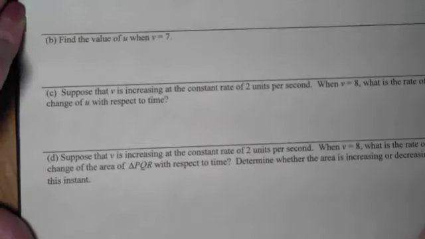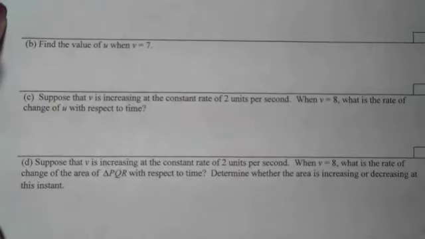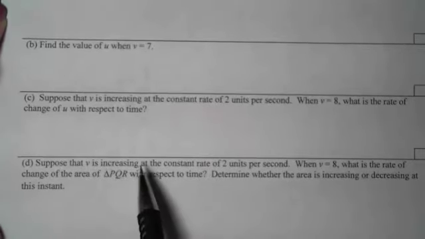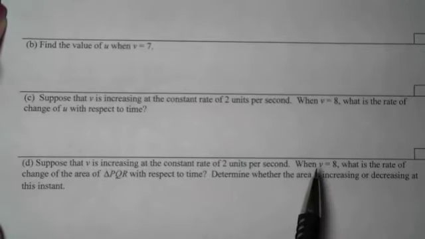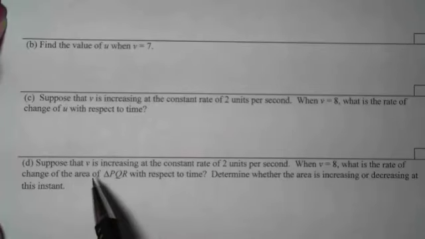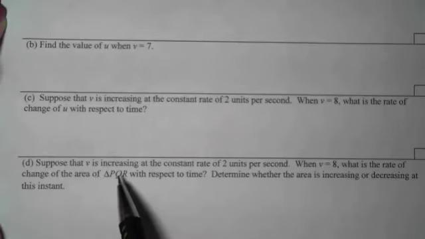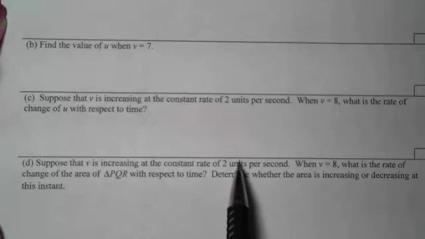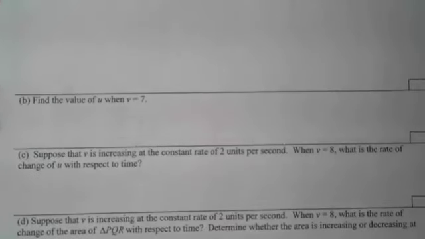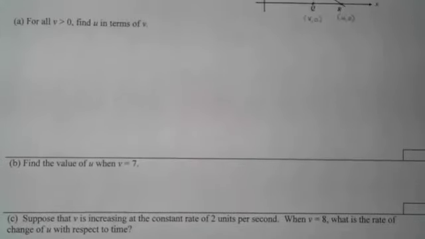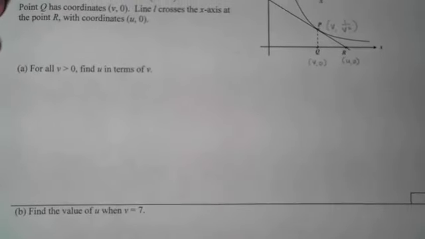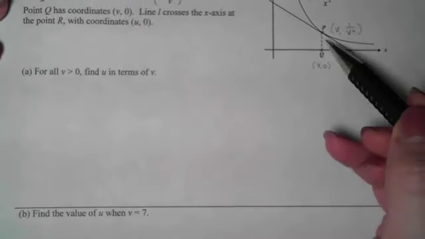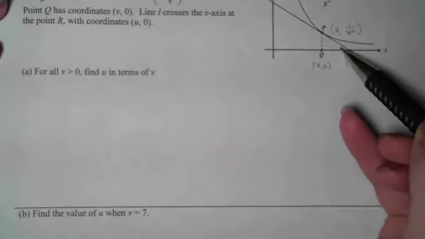The final part, which is also pretty tricky, gives us information about dv dt again, and an instant in time, and we're interested in the area of the triangle. So we'll have to relate the area of the triangle to dv dt, and then interpret our results at that instant. Parts A, B, and C we do without the triangle. In part D, we're going to utilize the area of this triangle here.